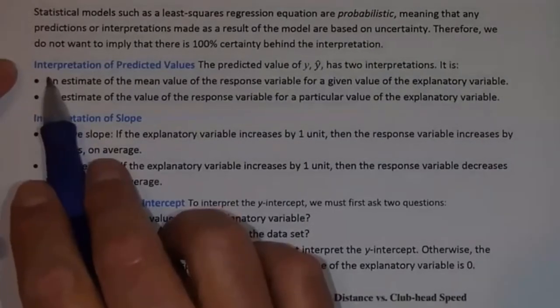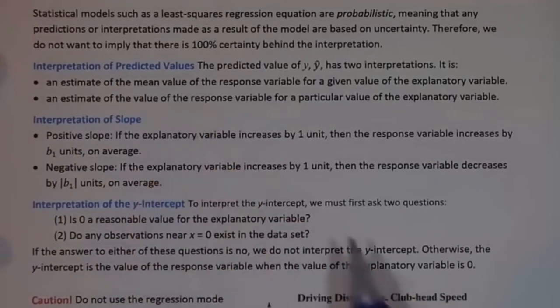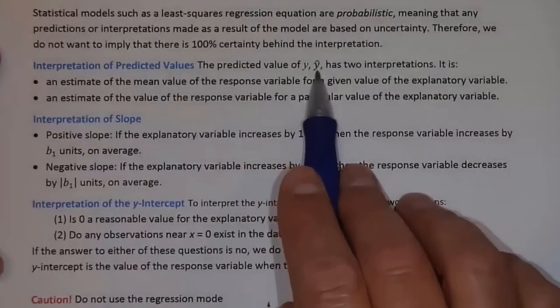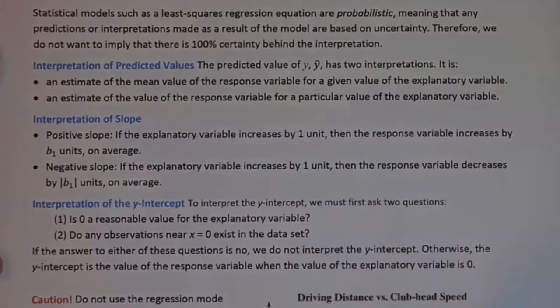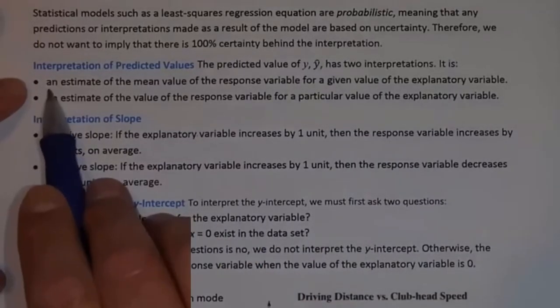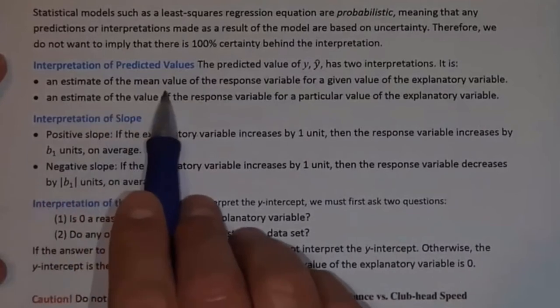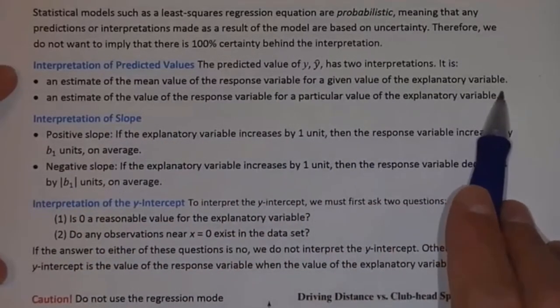So we're going to interpret predicted values. When we find a predicted value, which we're going to call y hat, the predicted value of y hat has two different potential interpretations that we could use, and they're actually somewhat similar. The first interpretation is that it could be an estimate of the mean value of the response variable for the given value of the explanatory variable.